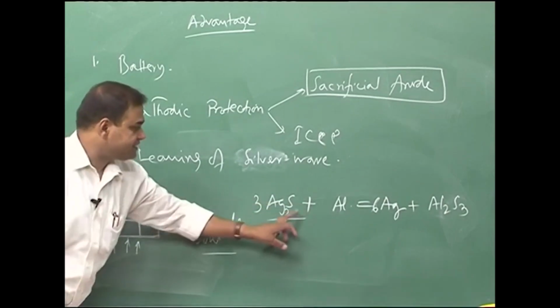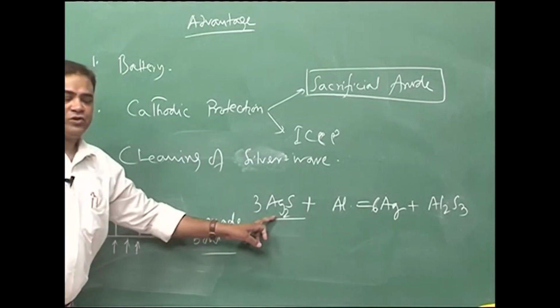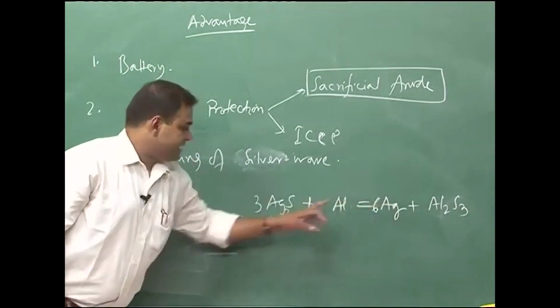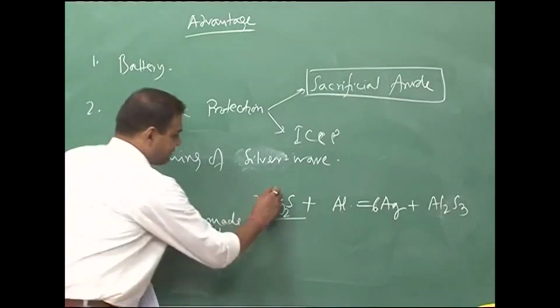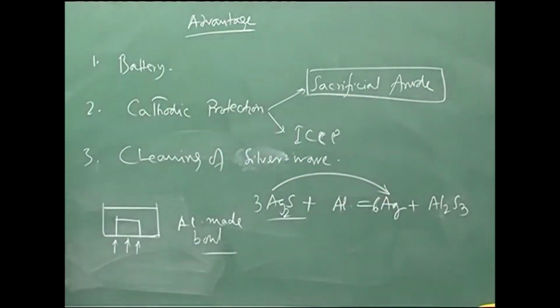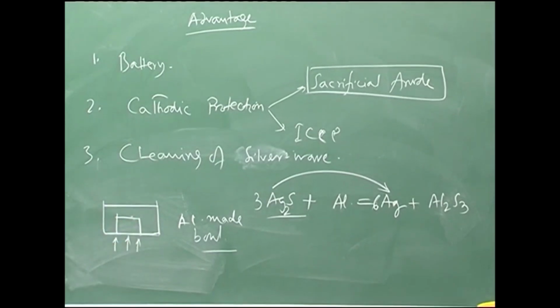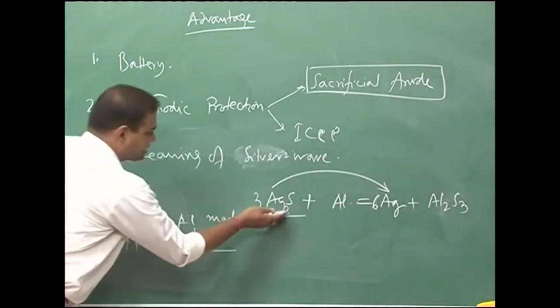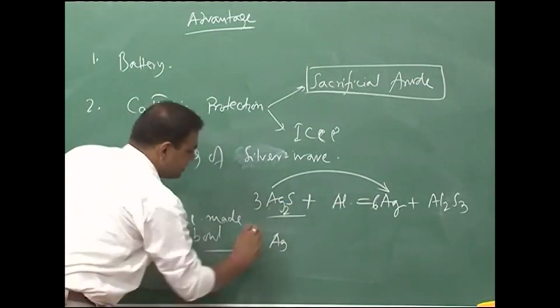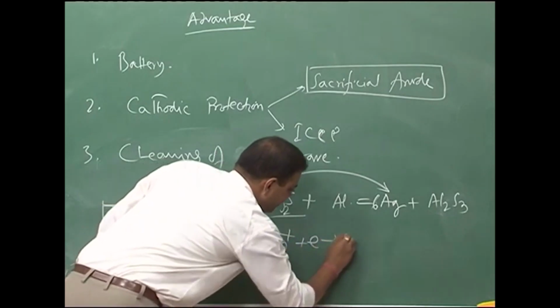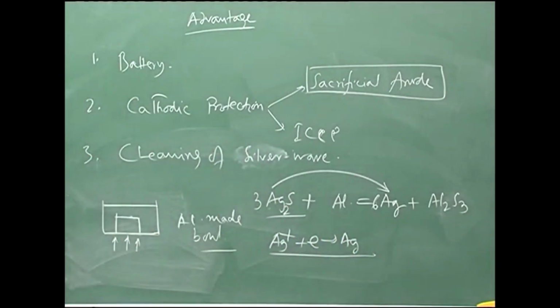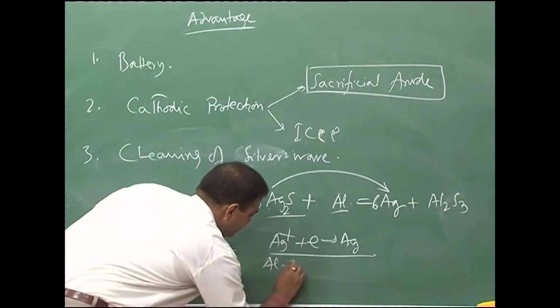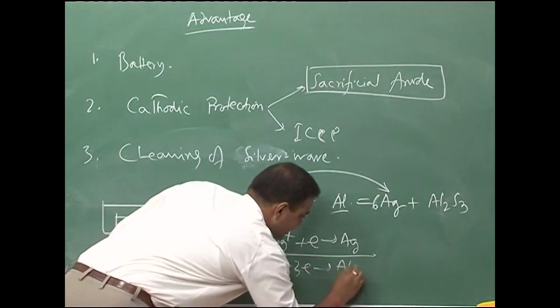So, this will oxidize and this will reduce, and the reduction product is Ag, which deposits back on the silverware. So, here this is reducing and giving rise to silver, the reduction reaction Ag+ plus e- going to Ag, and here aluminum releases 3 electrons going to Al3+.